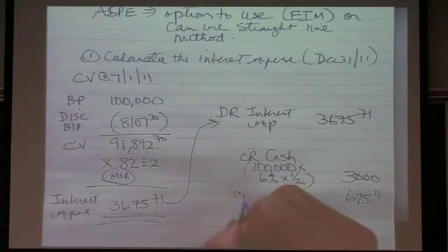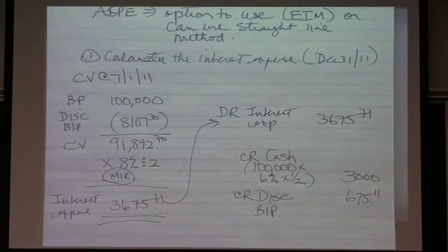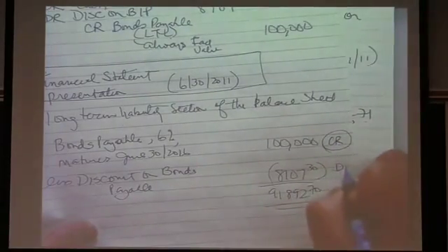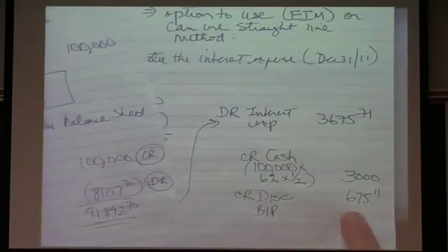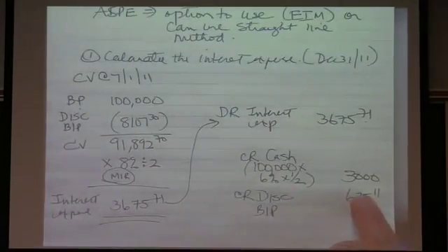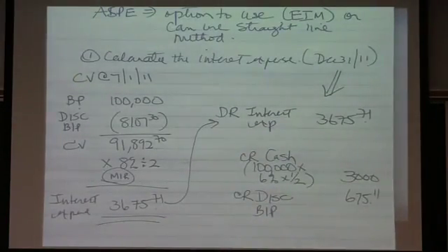And this is the credit discounts on bonds payable. Remember, the discounts on bonds payable is a debit balance. If you remember, we recorded this is a credit balance, this is a debit balance. And what we're doing, we're going to amortize. We're going to make that debit balance decrease to 0 at maturity. That's why we're crediting a portion of that. So this is our December 31st entry, our first interest entry.